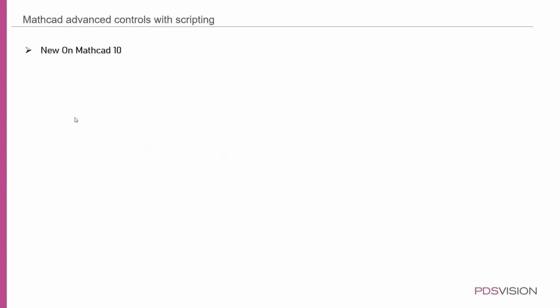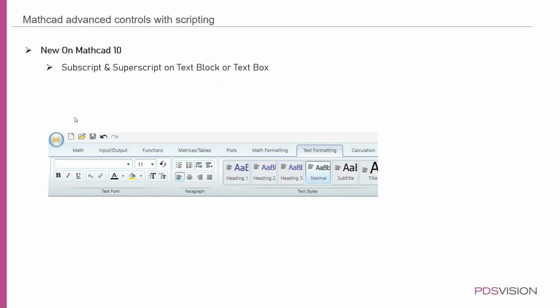And let's start a little bit with a few things which are new in Mathcad 10. We will not go through all what's new in Mathcad 10 today, but I selected subscript and superscript on text block or box, and this can be found under the text format tab, and are the 2 icons which you can see on the screen.